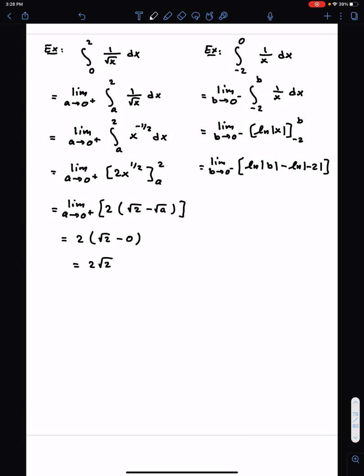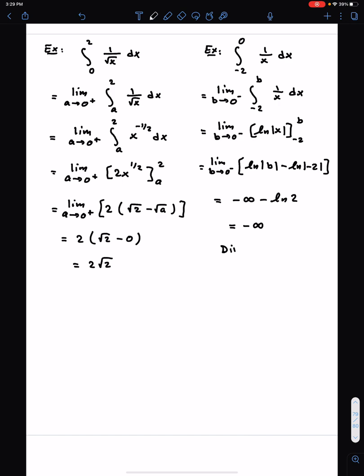If I approach 0 from the left side, so natural log of b, if I approach 0 from the positive side now, since it's in absolute values, the natural log goes down to negative infinity. So negative infinity minus the natural log of 2, which is equal to negative infinity.